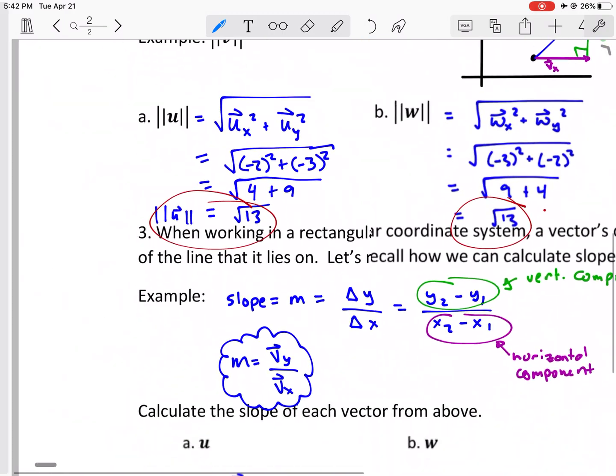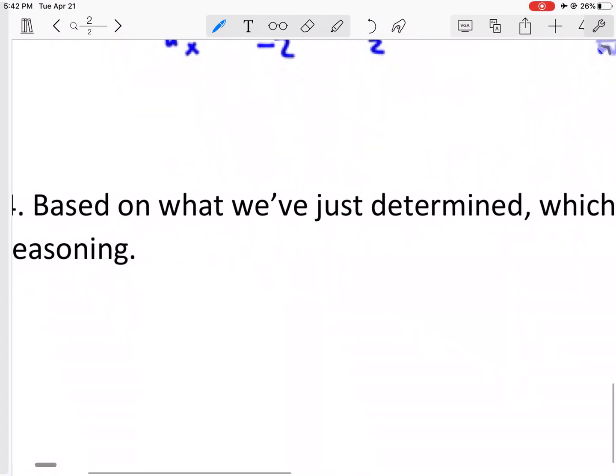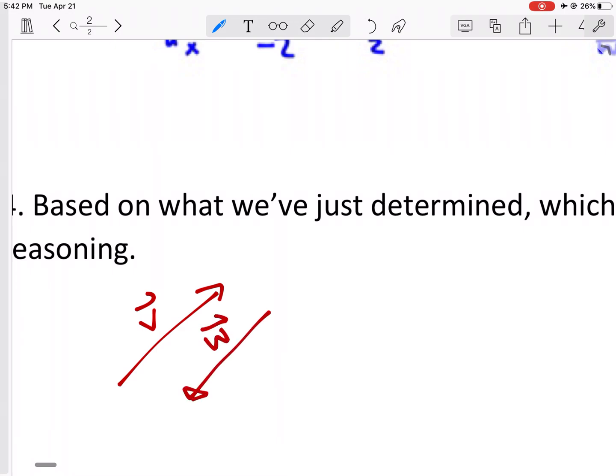So if we were to draw these, V would look like that. W would have the same slope and the same magnitude, but it would be going the completely opposite direction. R would be somewhere else in our plane, going the same direction as V, but opposite W.